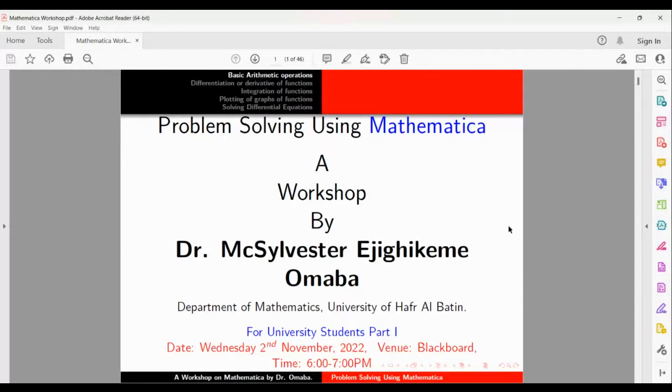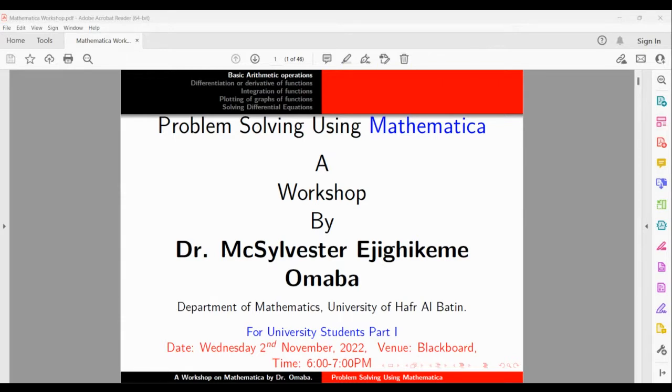The aim is just to make our students appreciate what we have taught them, how to use Mathematica to solve some of the mathematical problems that they have learned over the years, maybe from 101, 102, and 202, and what some of them are doing at the moment, which is 301. So we want them to appreciate how it's used to solve some problems. So it's basically for beginners.